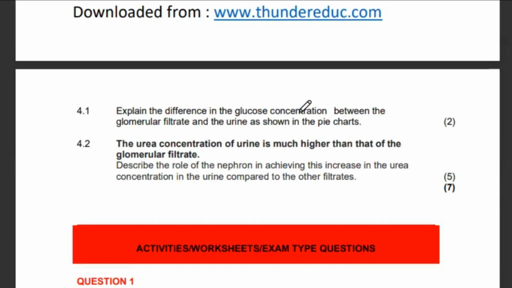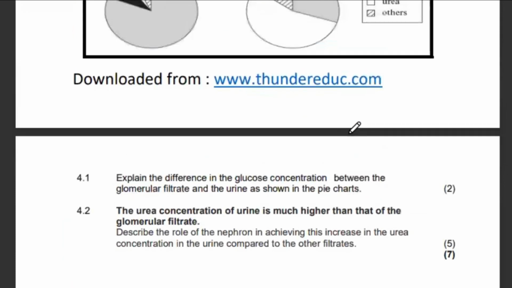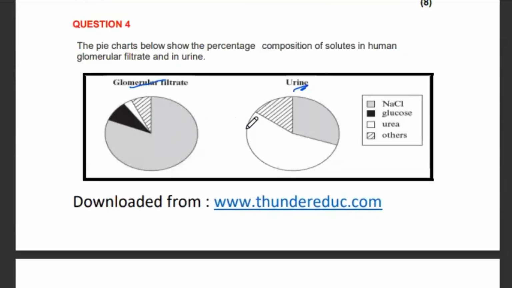Explain the difference in the glucose concentration between glomerular filtrate and the urine. If you look at it, in the glomerular filtrate, glucose, which is the dark one, has a percentage there, while in the urine it is not there. What causes this? It is because glucose is highly important.